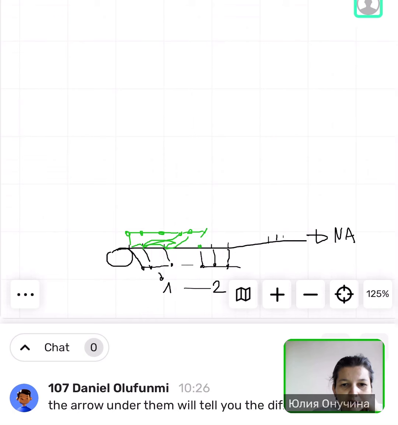Again 1, 2, 3. So in this sequence of DNA, where there were only 6 nucleotides, we have 3 codons. So it will be 3 amino acids. Do you understand?